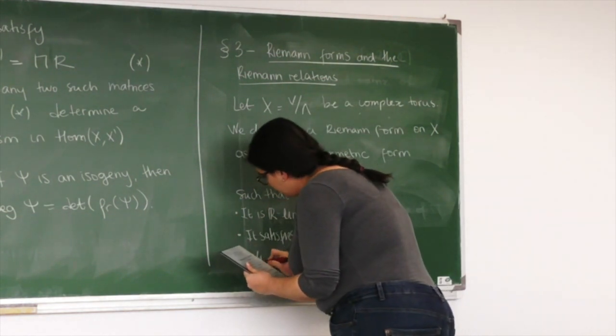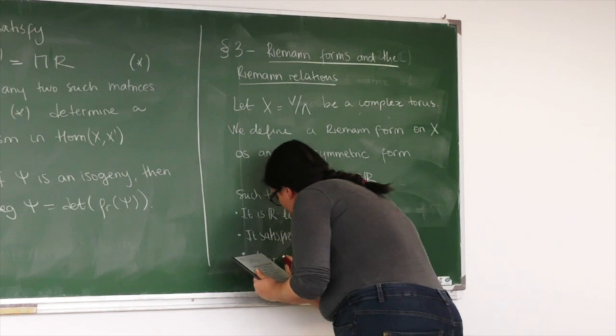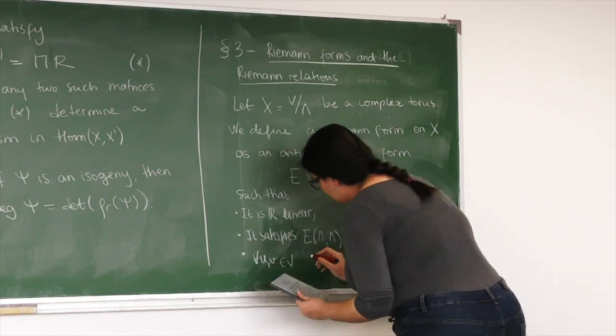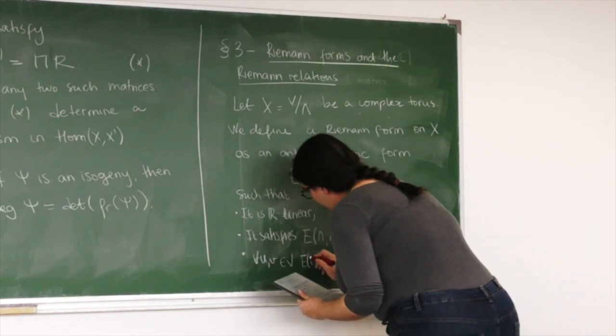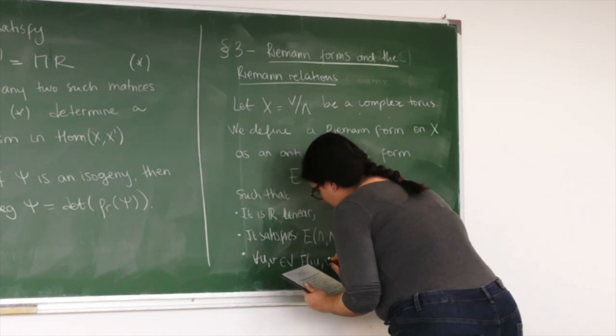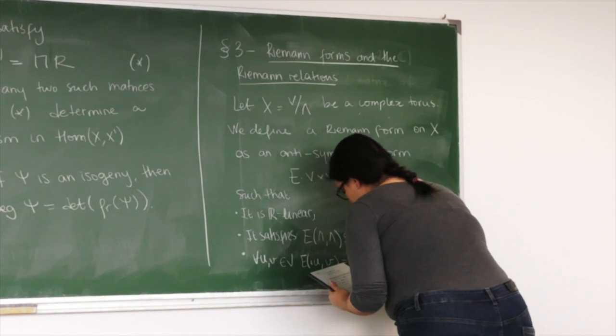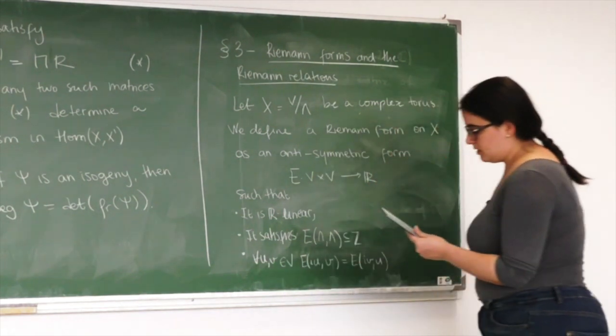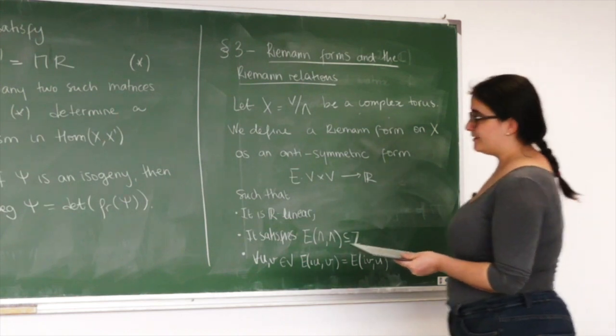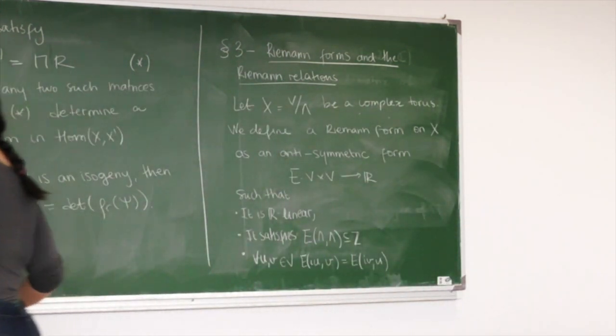For every u and v in the vector space, E of iu, v is the same as E of iv, u. And I have to go to the other side for the other part.